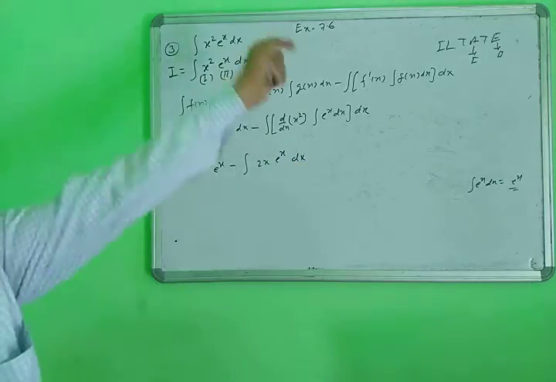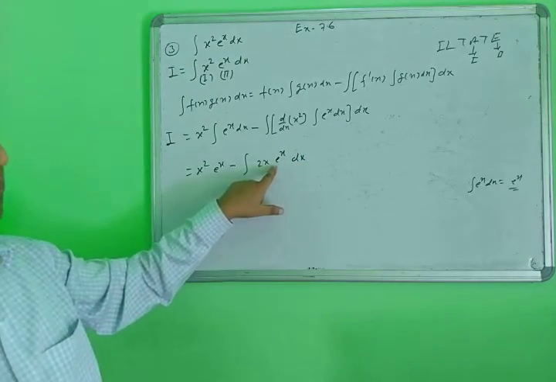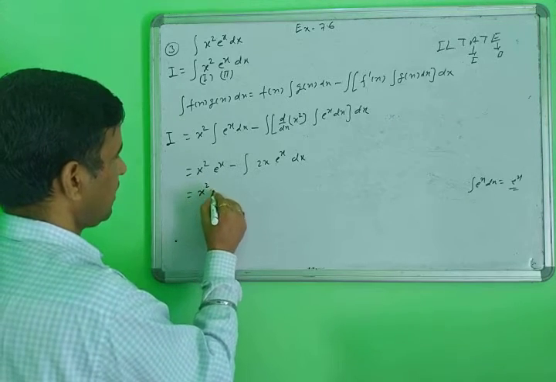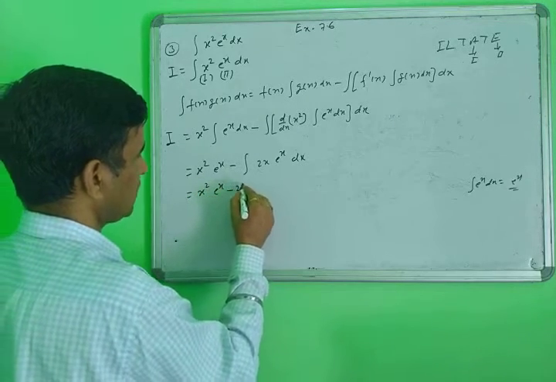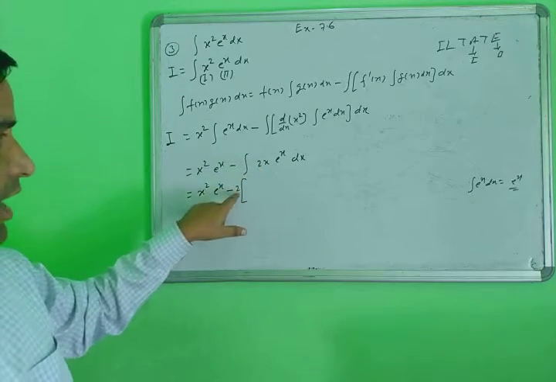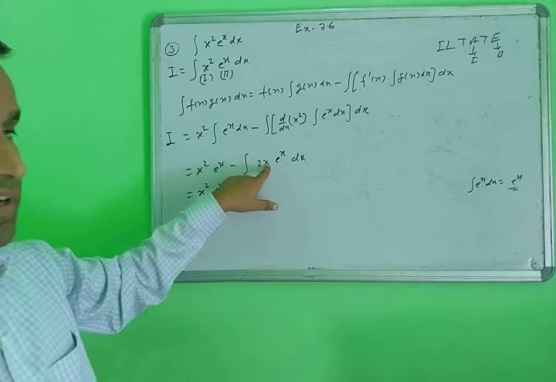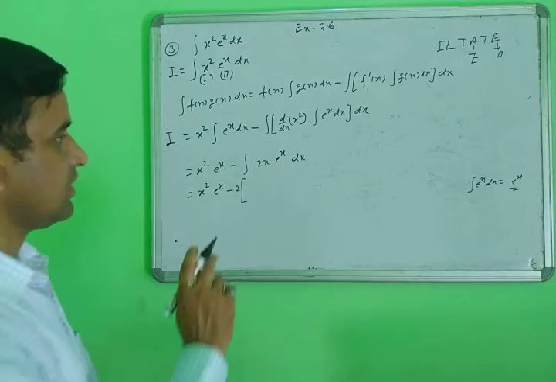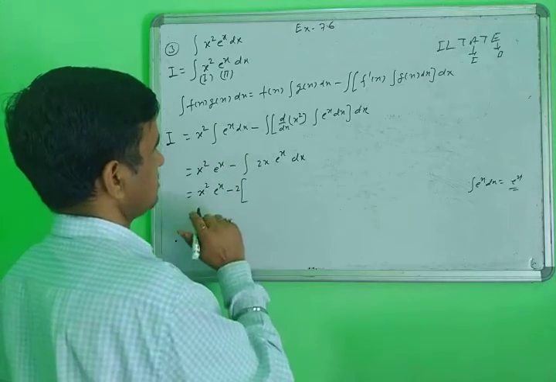Now look here, again applying first function and second function. Taking 2 outside: x e exponent x dx. The algebraic function is first and the exponential function is taken as second.